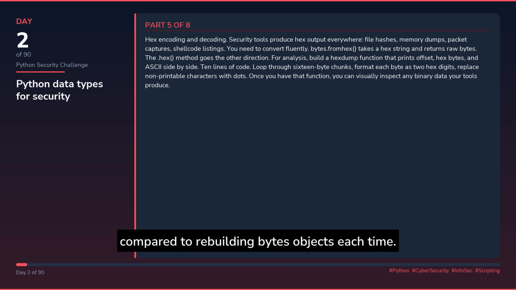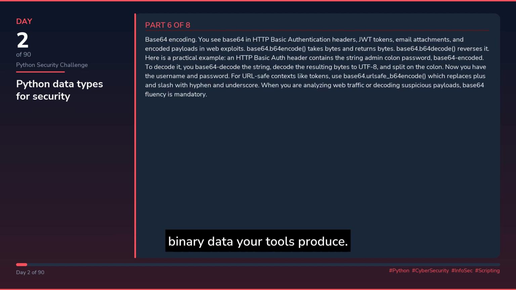For analysis, build a hex dump function that prints offset, hex bytes, and ASCII side by side. 10 lines of code. Loop through 16-byte chunks, format each byte as 2 hex digits, replace non-printable characters with dots. Once you have that function, you can visually inspect any binary data your tools produce.